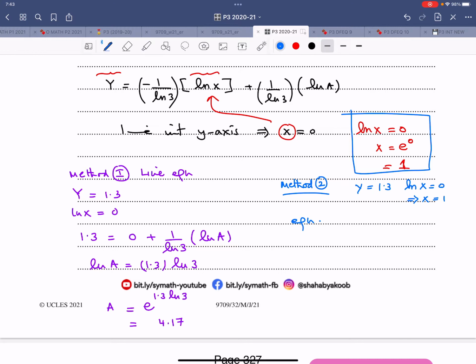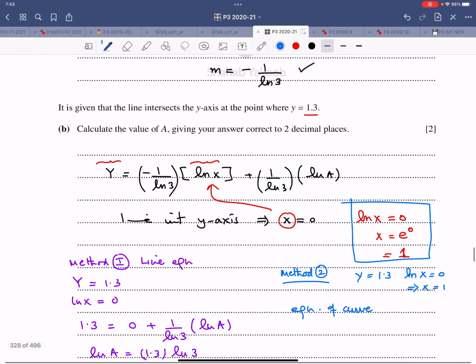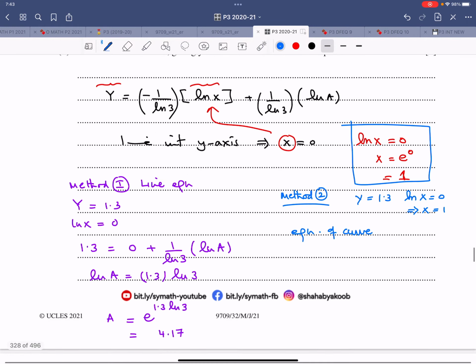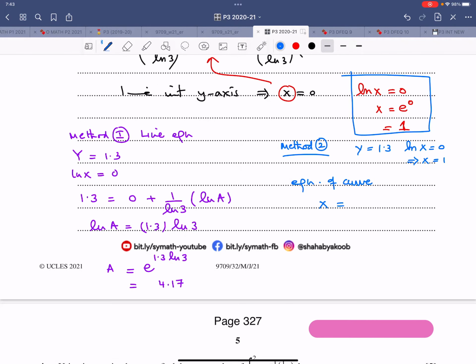So you can also work it out. x equals a multiplied by 3 raised to the power of minus y. x is 1, a is a, 3 is 3, and minus y is minus 1.3. And of course you have to use a calculator. Therefore you will find the value of a, which is 4.17, correct to 3 significant figures. So there are two ways of working this out.